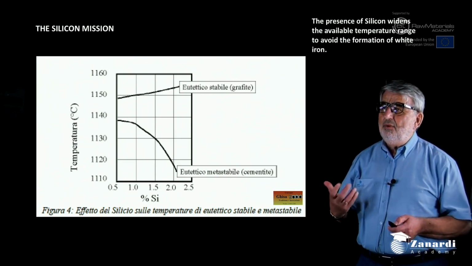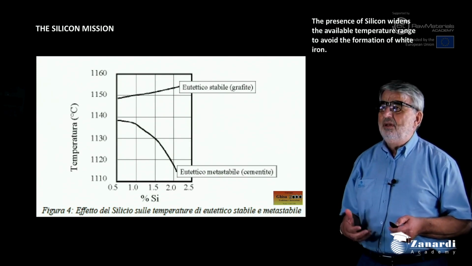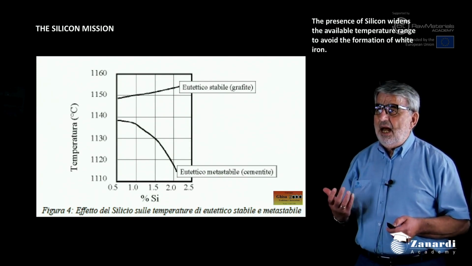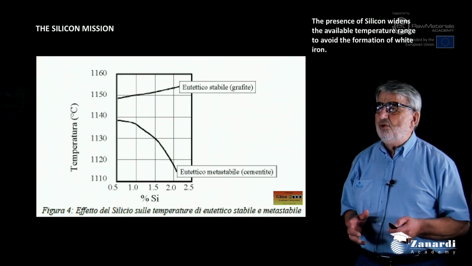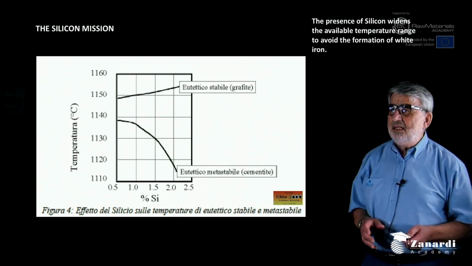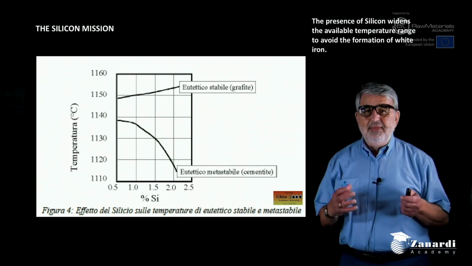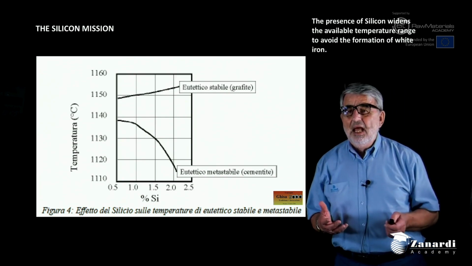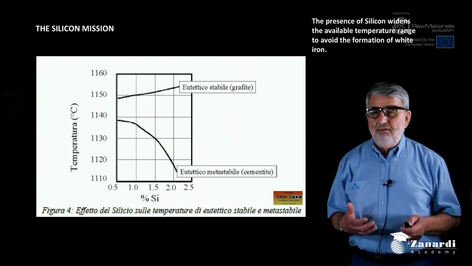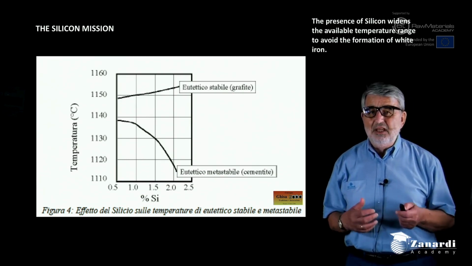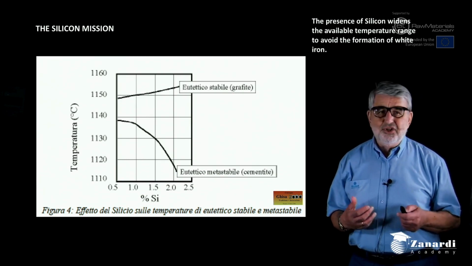When the liquid iron with the carbon is freezing, the iron and carbon tend to combine together, producing carbides. Carbides make the iron brittle, and they make machining very difficult, and they are good material for abrasion resistance, but not for machinery constructions.